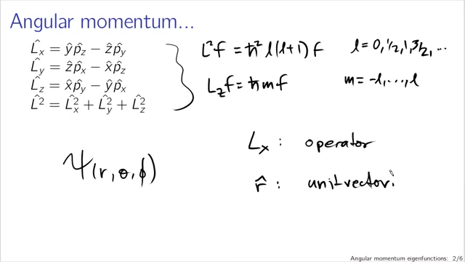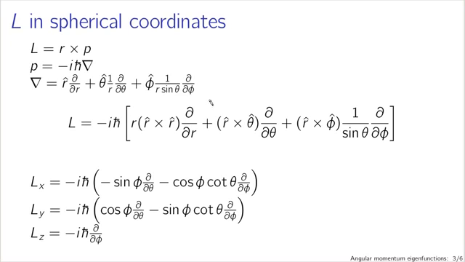At any rate, our goal here is to come up with spherical coordinates expressions for the operators that we were working with when we were considering angular momentum operator algebra, L squared and L sub z. So first of all, let's consider just L in spherical coordinates. There's going to be a lot of math in this lecture, and I'm going to go through it only conceptually.